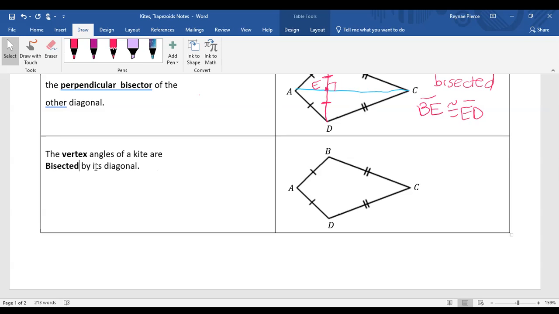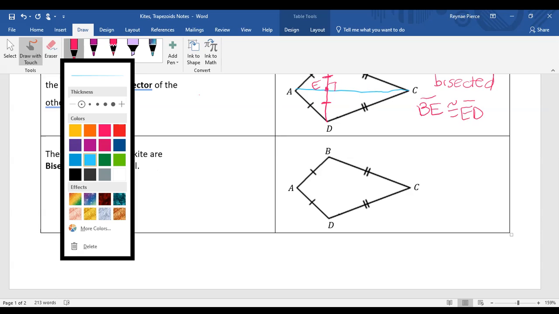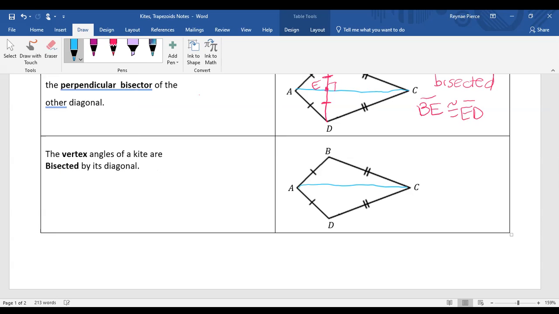Again, I'm going to draw that blue diagonal in there, just like I did in the picture, because that's the diagonal connecting our two vertex angles.